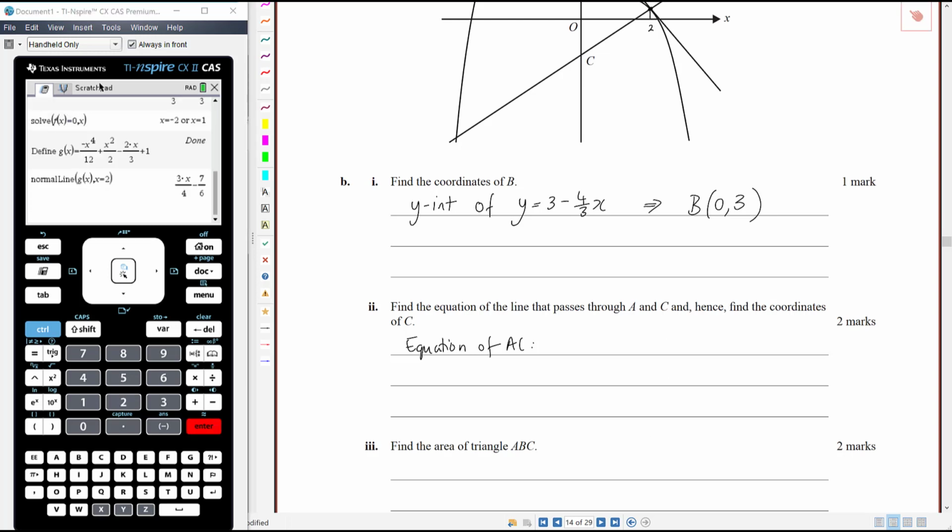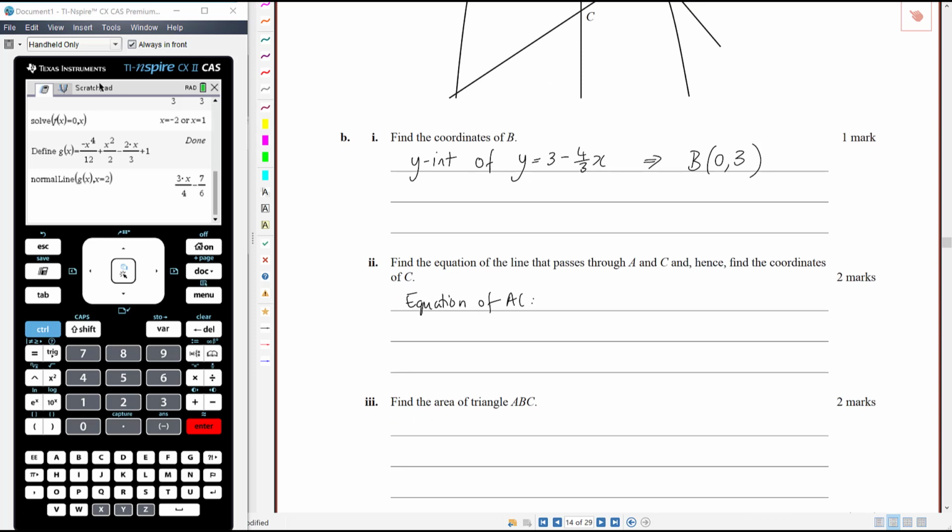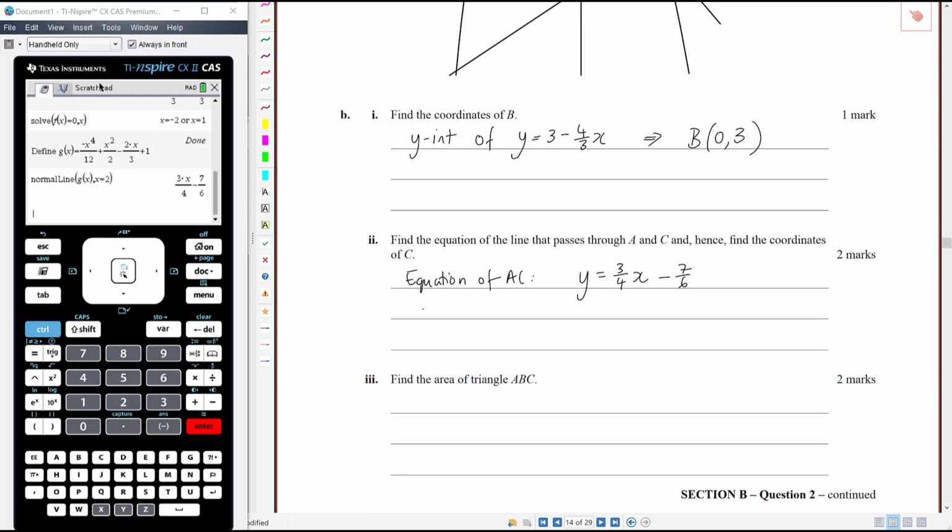And good, that marries with what I'm expecting. I knew that the tangent had a gradient of -4/3, so the normal has a gradient of +3/4. And that is confirmed by the equation I found with my CAS, so I'm happy that everything's making sense. So y equals 3/4 x minus 7/6.